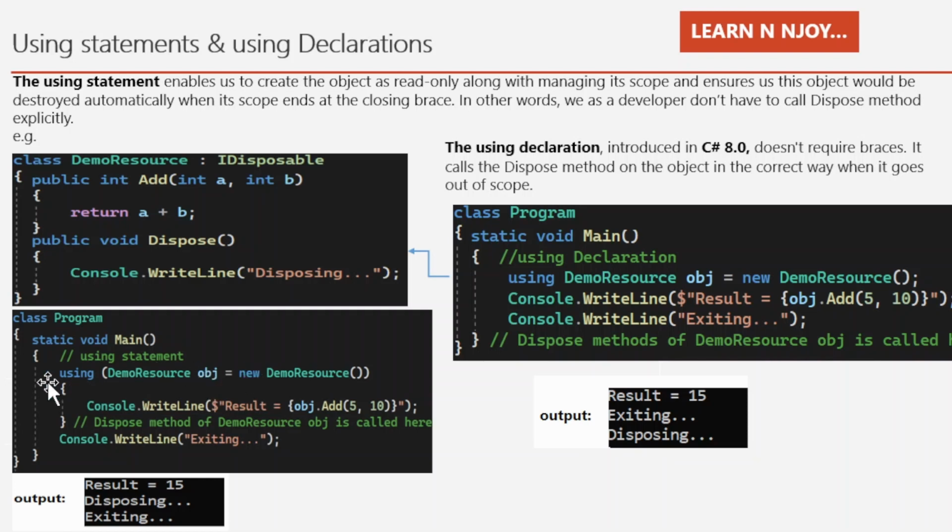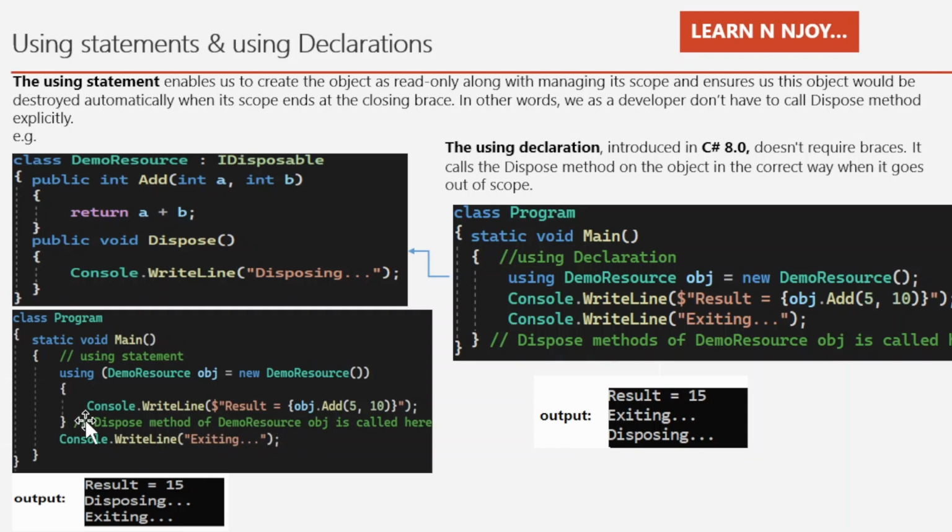That's what I have written: using DemoResource obj = new DemoResource, and inside this block I have written Console.WriteLine(result, obj.Add(5, 10)). Basically what I'm doing here is calling the Add method of the DemoResource class with the help of the object, and passing the parameters 5 and 10. And then outside of this using statement I have written another Console.WriteLine statement that is going to print the text "Exiting" in the console window.